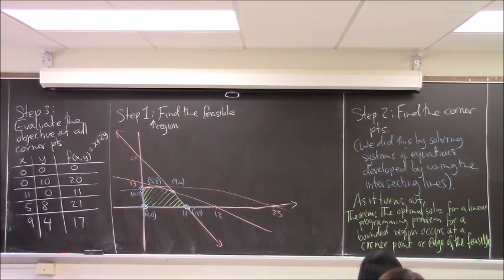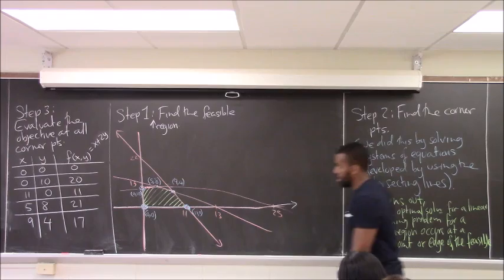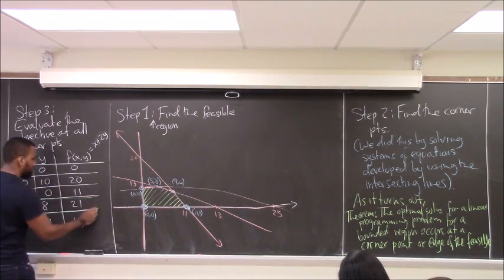Now these are all different numbers, but as you will notice, only one of them is the biggest number. The biggest number is unique. Basically what that means is this point is going to be our maximum point.